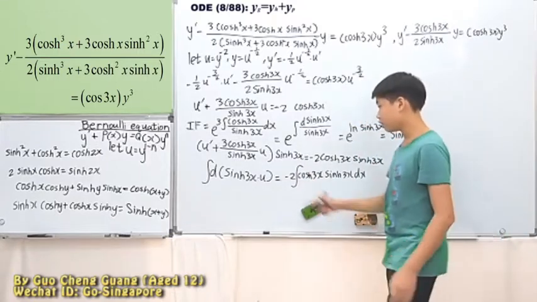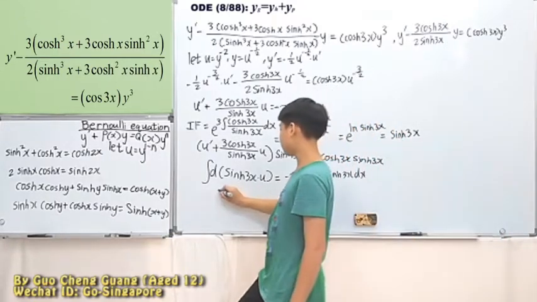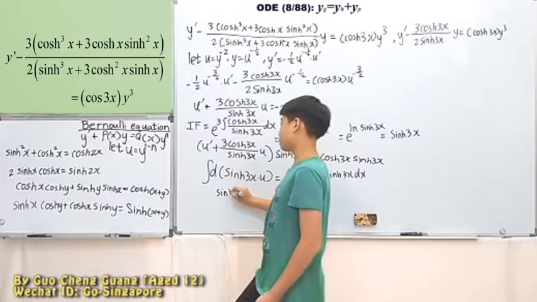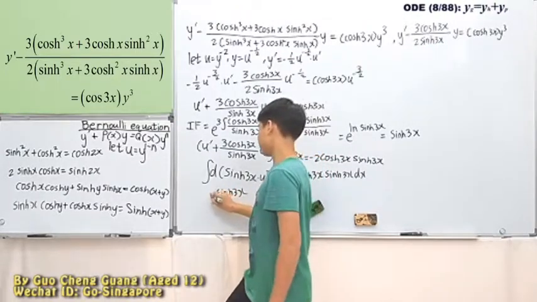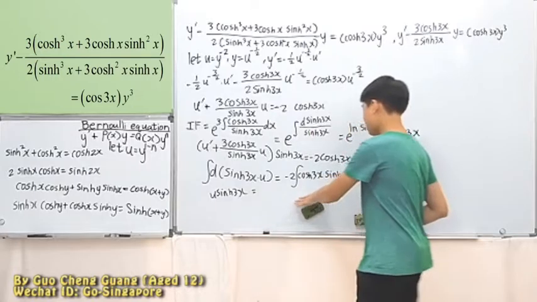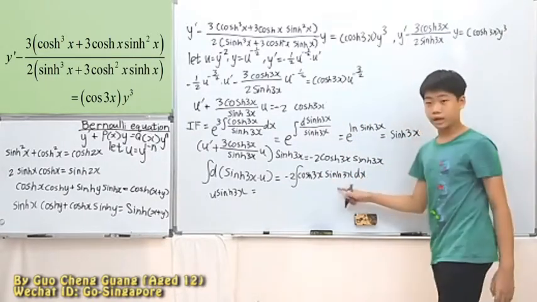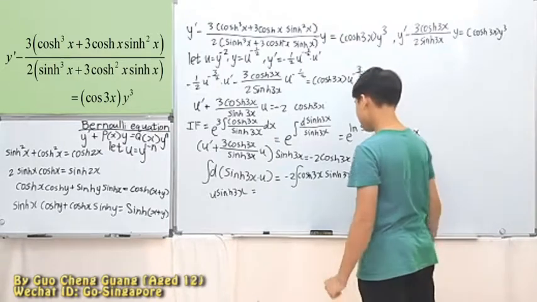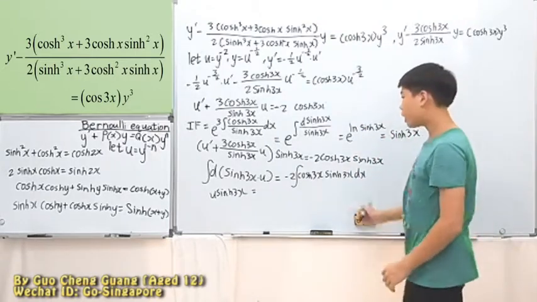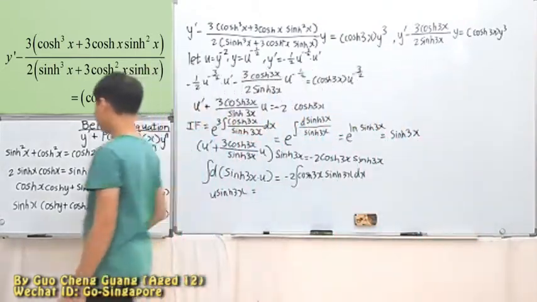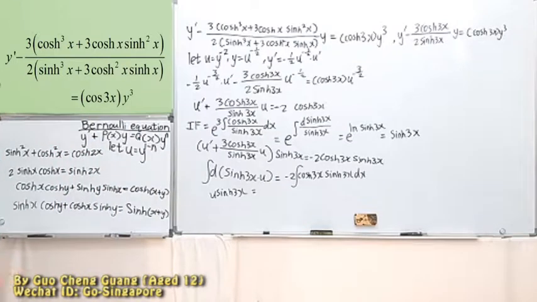Okay, this part, well, I'm just going to write it like this. The part we need to work out is here. We need to work out this part. When we work out this part, what can we use from here? Can we use anything? I think so.